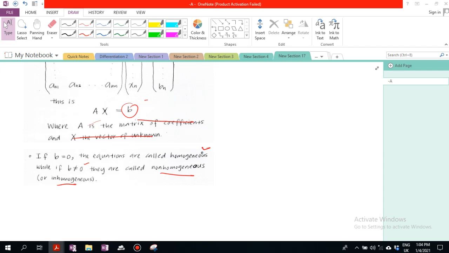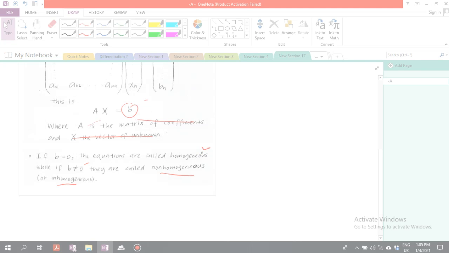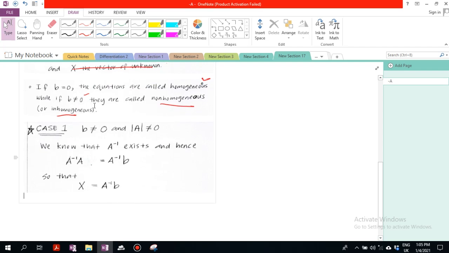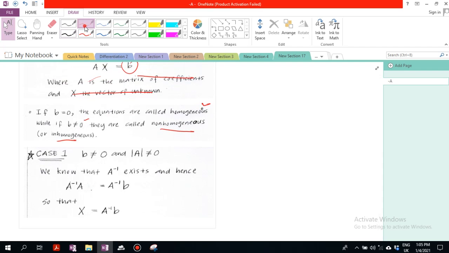In this case, we have four cases related to the solution. We go one by one. Case number 1: if your b is not 0 and your determinant is not 0, we know that the inverse exists.